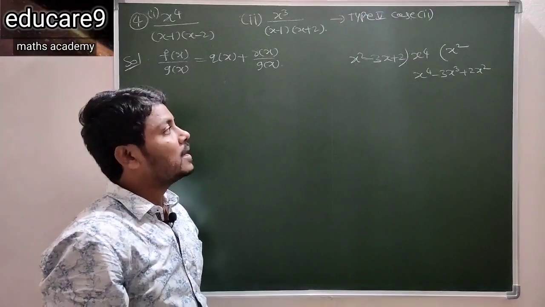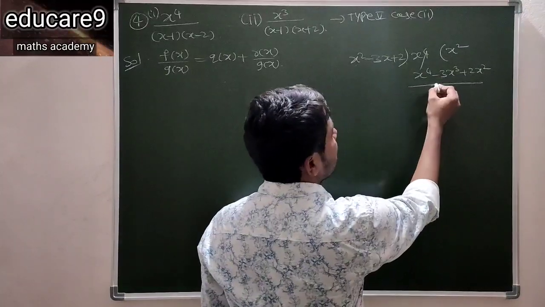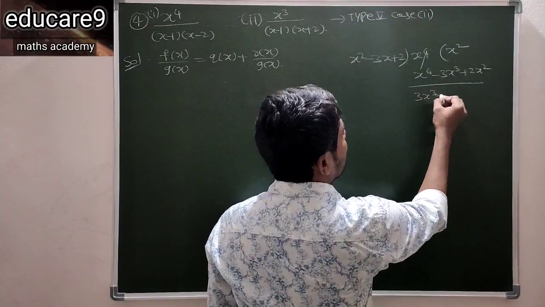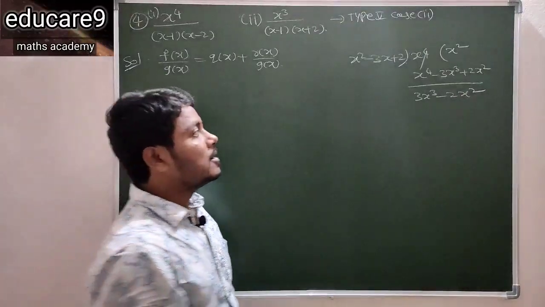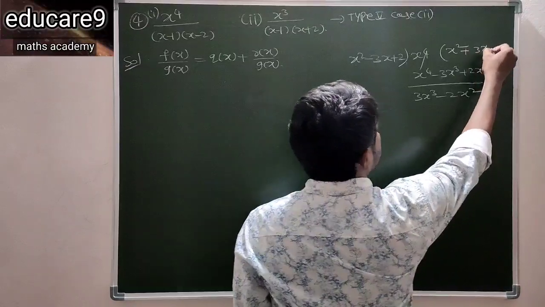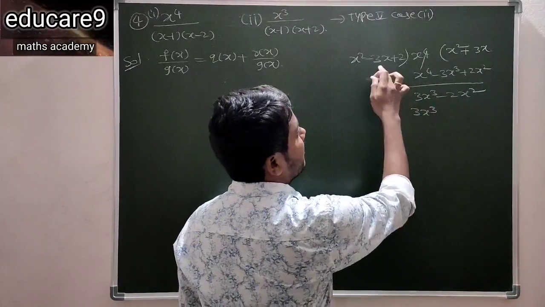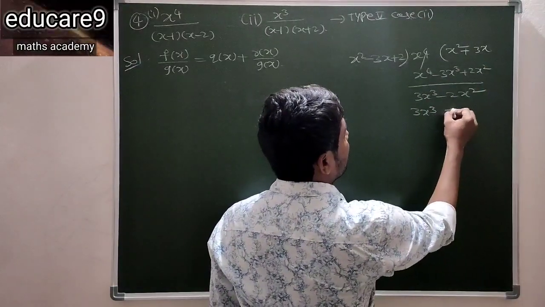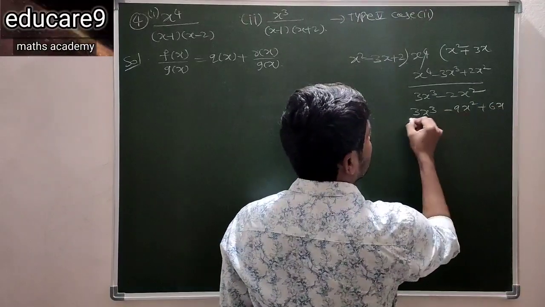Okay. Next, see here x power 4 gets cancelled. This is plus 3x cube minus 2x square. So plus 3x. So x square into 3x. 3x cube minus 3x into 3x, minus 9x square plus 6x.